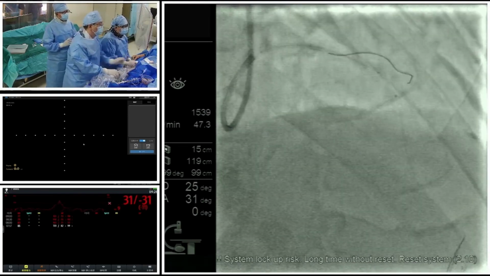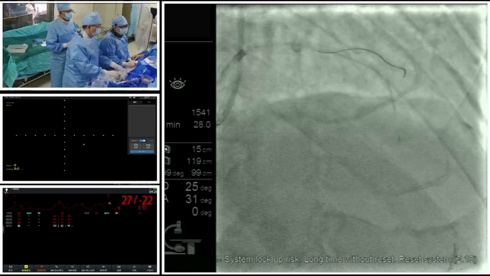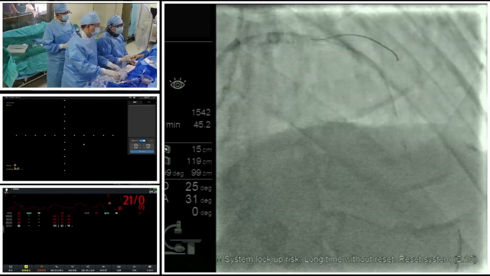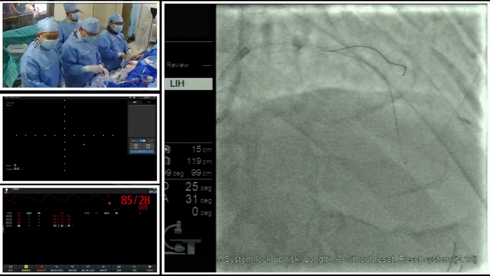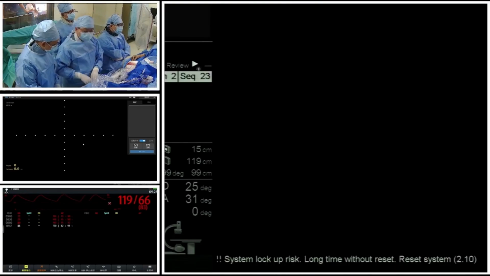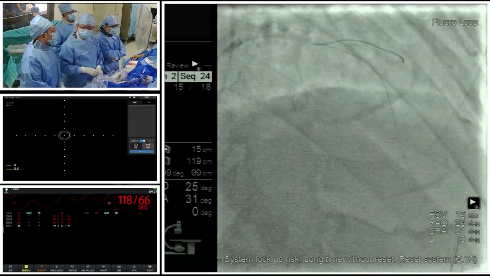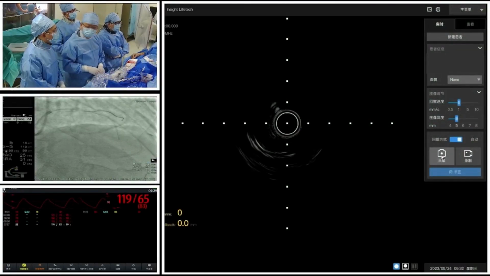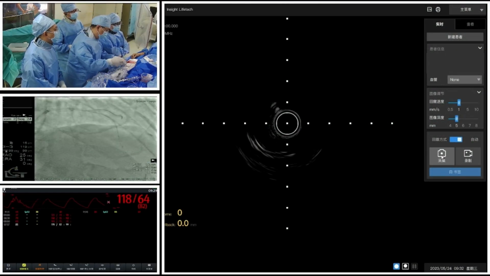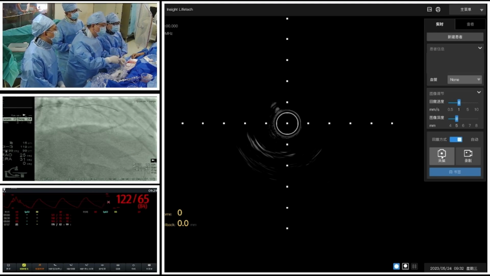So Dr. Gong, for this severely calcified lesion, share with us your plan. Okay. For the severe calcification lesion, as we know, the most important factor for a successful procedure is the pre-treatment strategy.